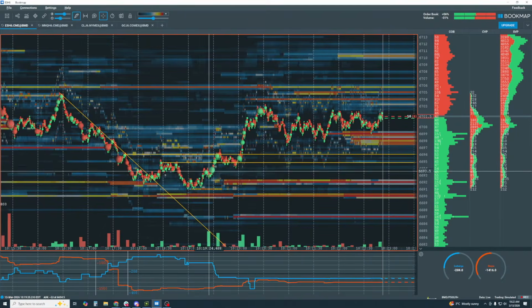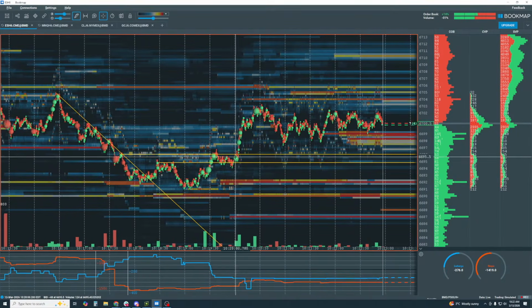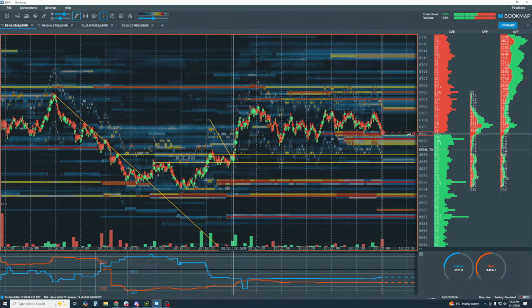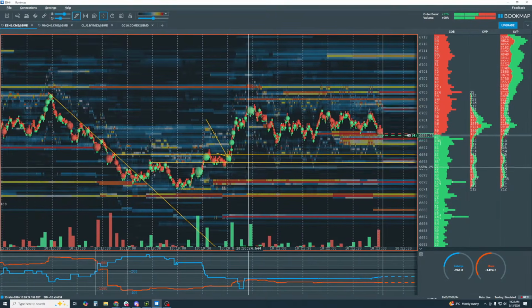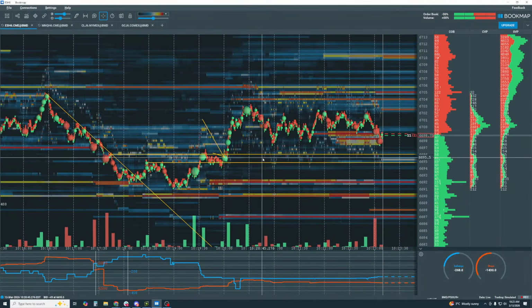So you would be looking for the breakout of that area, and this might be a potential area right here to consider, and looking for the continuation. And then let's go over this.